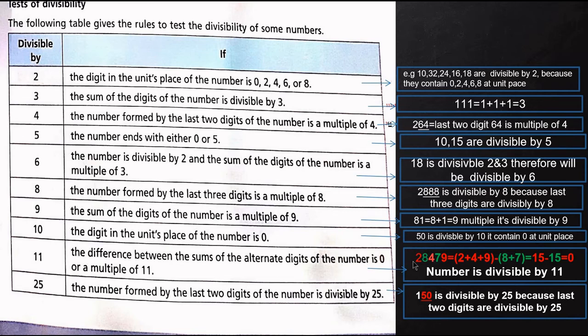For example, 28,479 is a number. These are the alternate digits 2, 4 and 9. When we add up these numbers, we get 15. And these are the other alternate digits, 8 and 7. When we add up these numbers, we get 15.